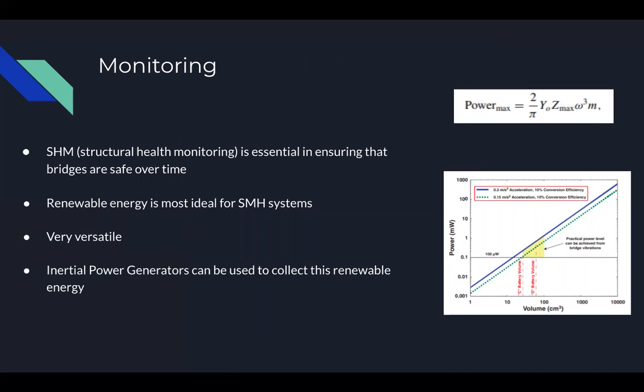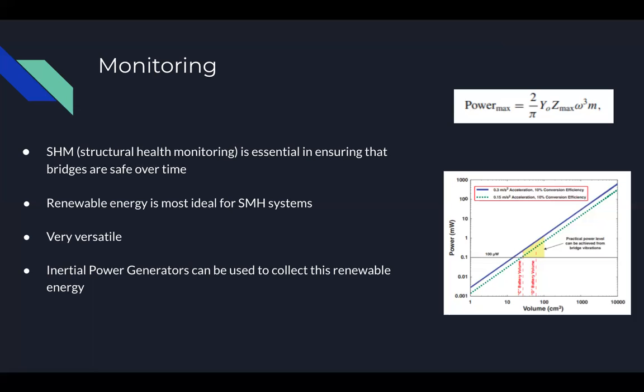Monitoring the structural health of the bridges is essential in ensuring that bridges are safe over time and aren't deteriorating. With this in mind, you obviously need energy to run the devices that are doing this monitoring. Renewable energy is the most ideal energy for these systems, as wires aren't necessary and batteries require replacements that can be expensive over time. With the knowledge that there is already kinetic energy generated as bridges vibrate due to vehicles or wind, the goal of designing a vibration harvester that was capable of turning these vibrations into energy and power was set.